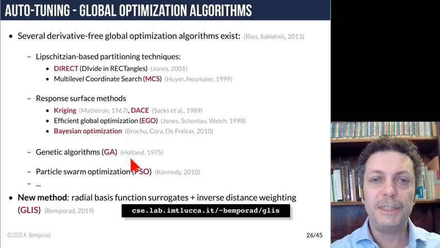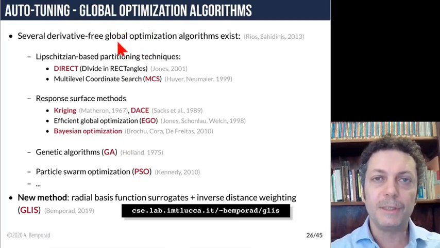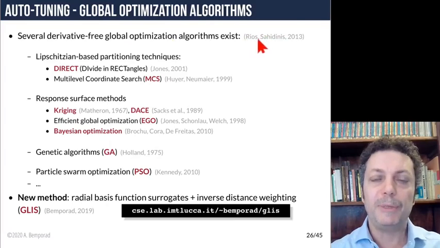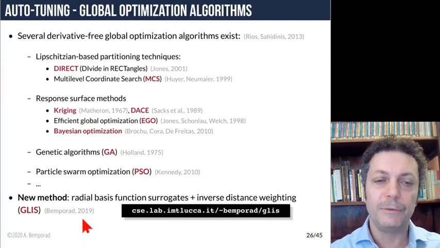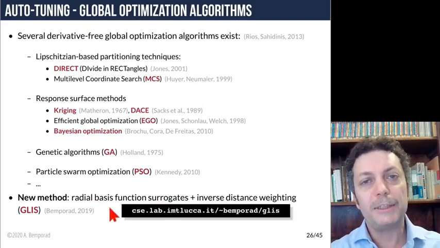How to solve this problem effectively? So I'm listing here a few methods that are good for this type of global optimization problem you encounter in autotuning. These are well described in this survey paper by Rios and Sahinidis. And I recently developed a new method called GLIS, for radial basis functions and inverse distance weighting, meaning that this is a method that belongs to the response surface methods.